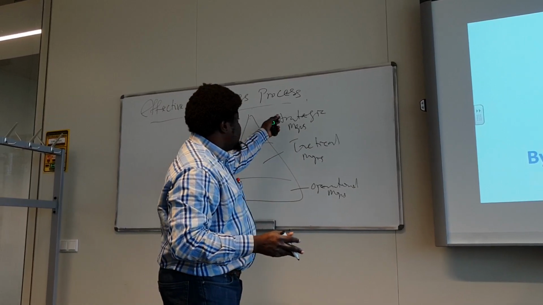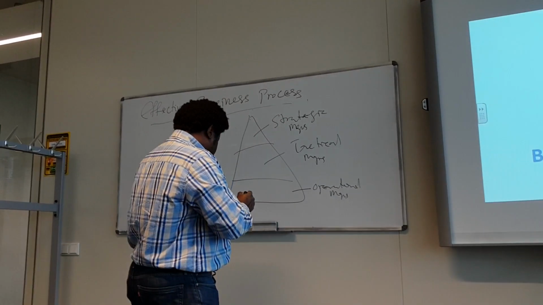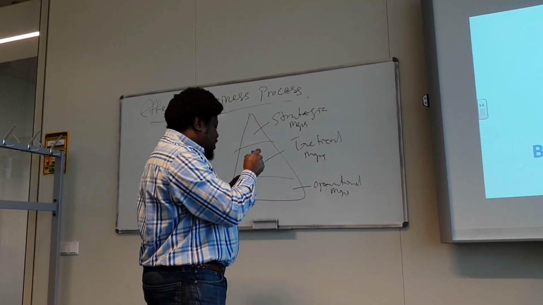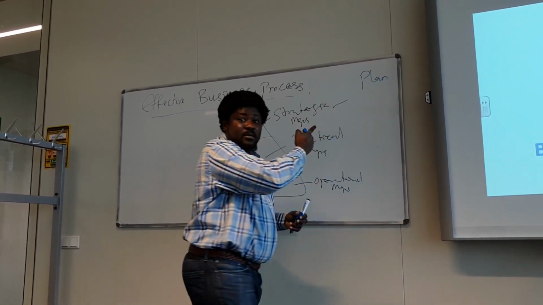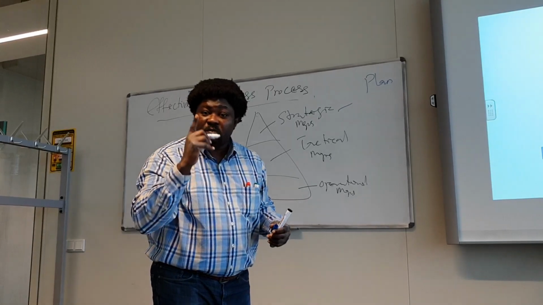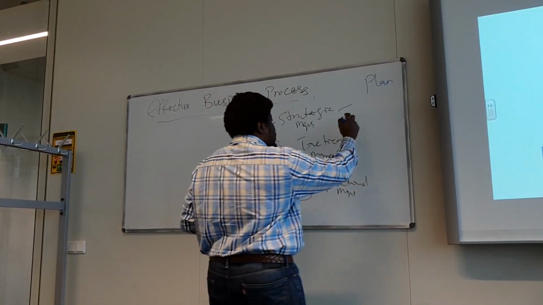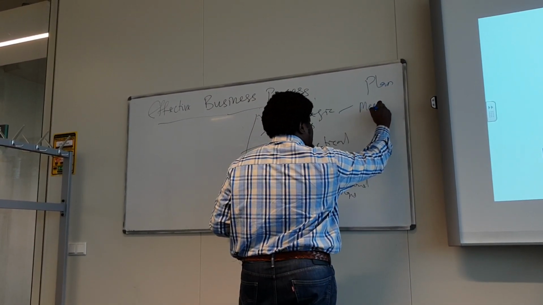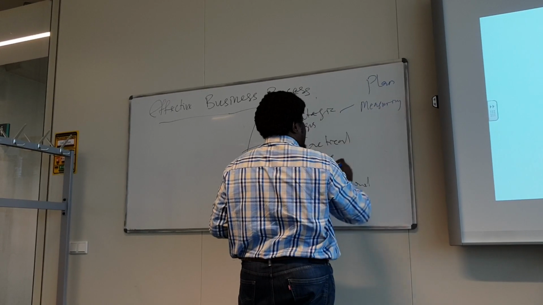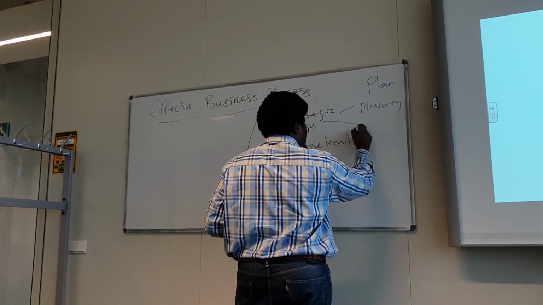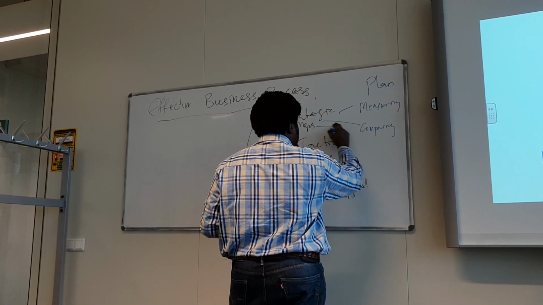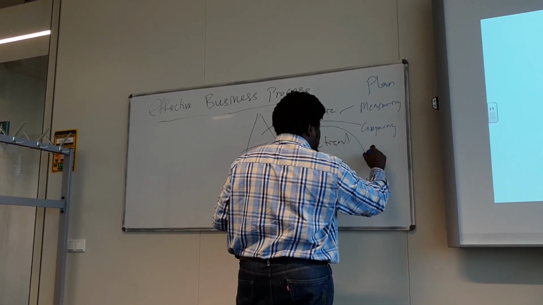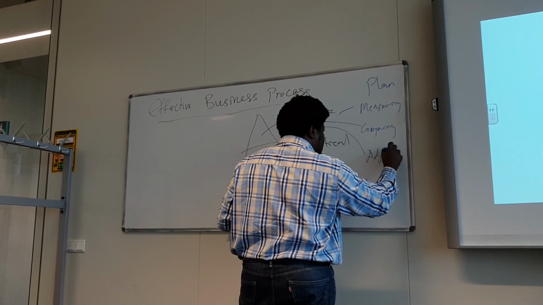I say that an effective business process must involve all these managers, but most importantly, it must involve the strategic managers, because the strategic managers must be involved in the plan. An effective business process must involve planning, measuring, comparing, and adjusting.